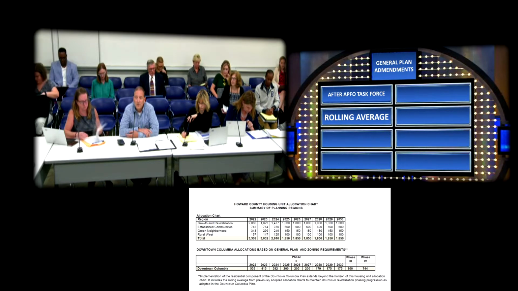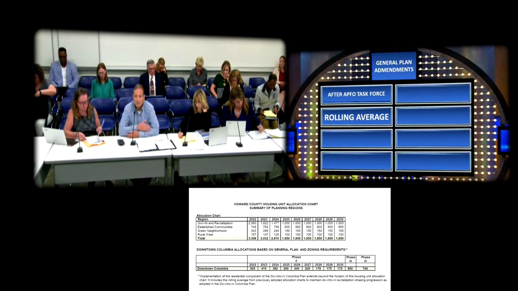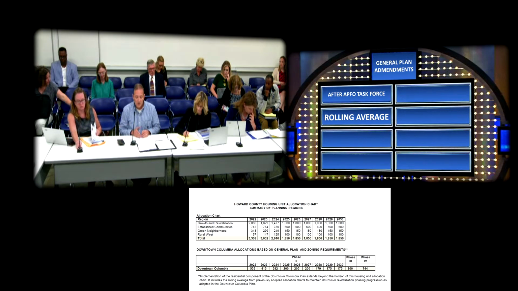Well, I think the intent was that we have 10-year projections and things aren't smooth. Sometimes you get fewer units than what's in the chart, and sometimes you get more. There are timing differences sometimes on projects.